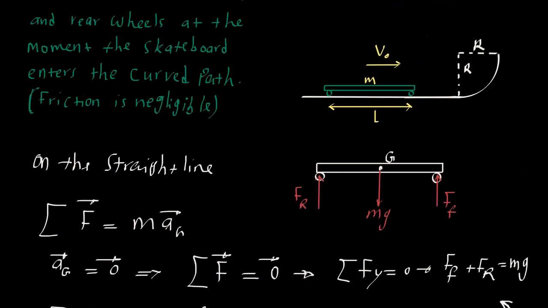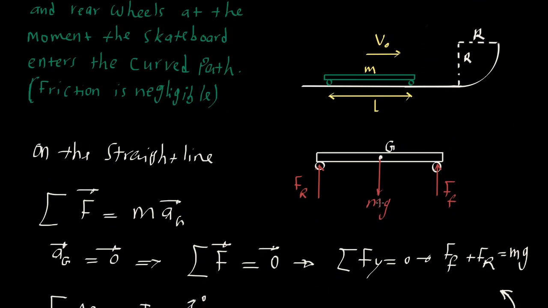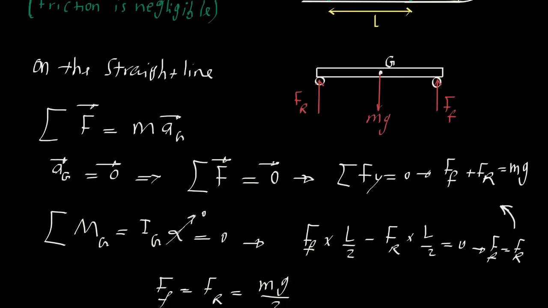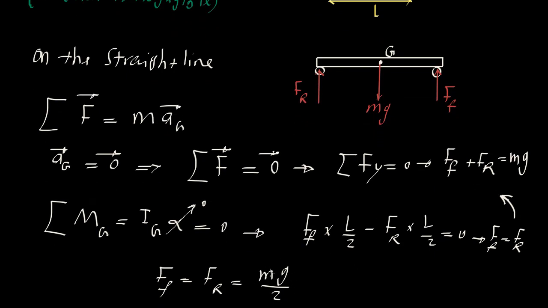For example, there are 4 scenarios here. One is just both of these forces increase. Second one is that both of them decrease. The third scenario is that the force at the front wheel increases, this force decreases, and by increase and decrease I mean compared to this equilibrium position where they were mg over 2.